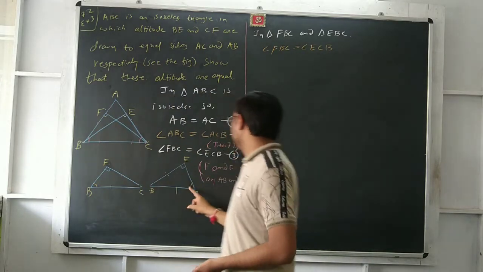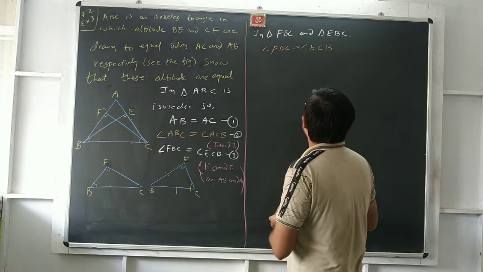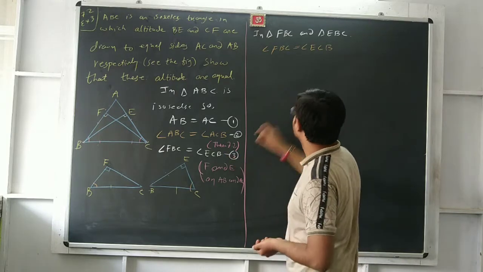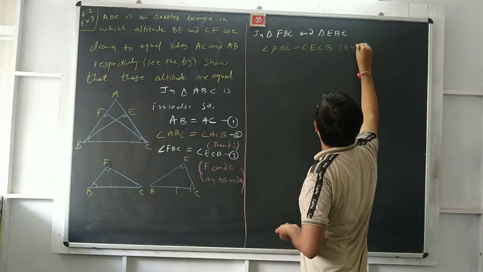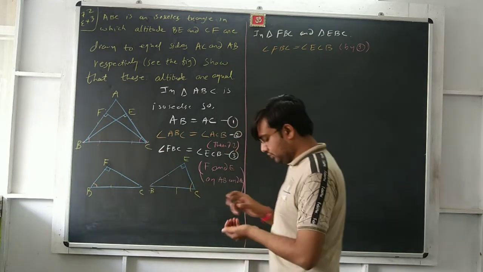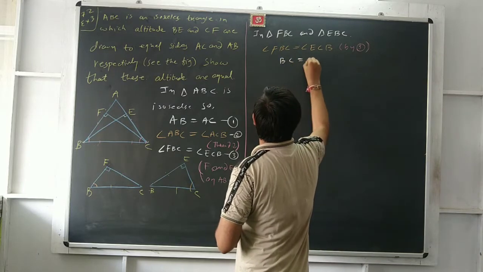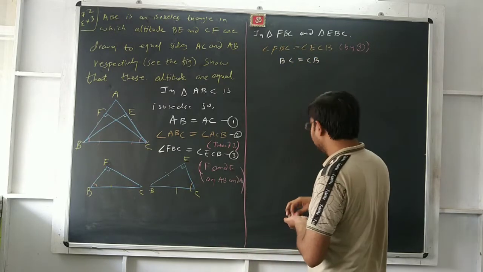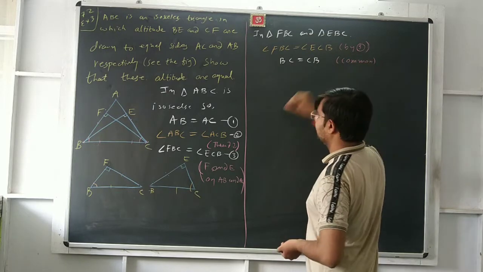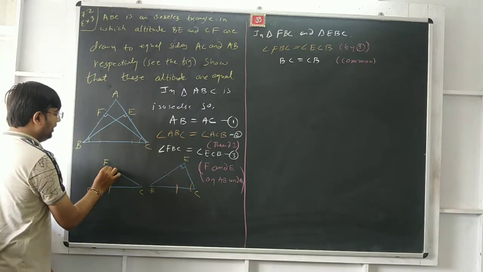These both angles are same, by equation 3. Also we can write BC is equal to CB. This is the common side.